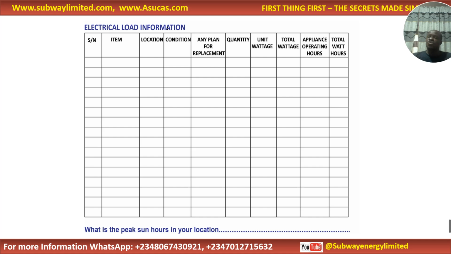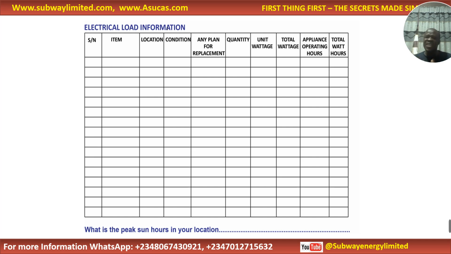Because when you say you want solar and you are telling me I have AC, I have fridge, I have television, I have 10 lighting points, I have television 20, I will not be able to do anything with them if you don't present it like this.